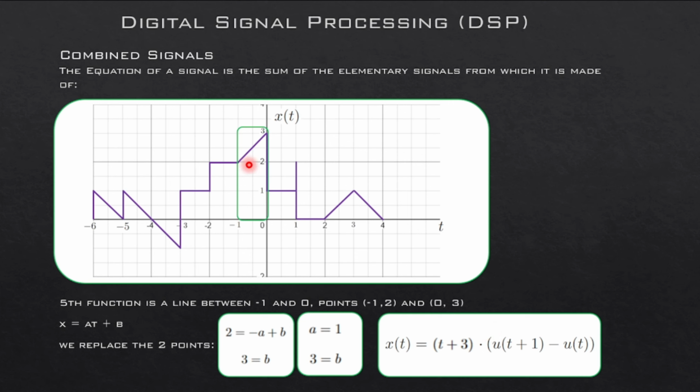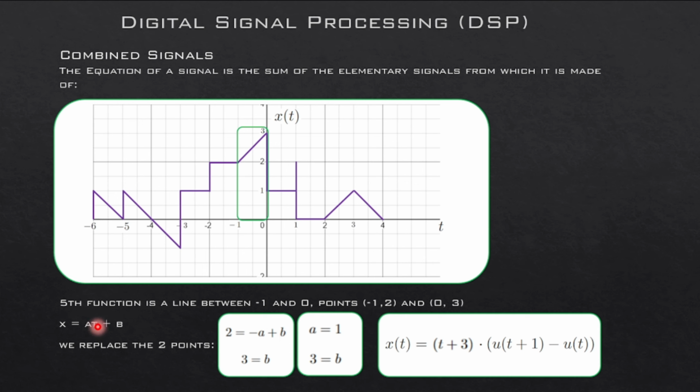How to get the equation of this line function, of this ramp, so to speak? You have 2 points, the first point being -1, 2, correct? And the second being 0, 3. So 2 equal -a plus b, 3 equal b, correct?